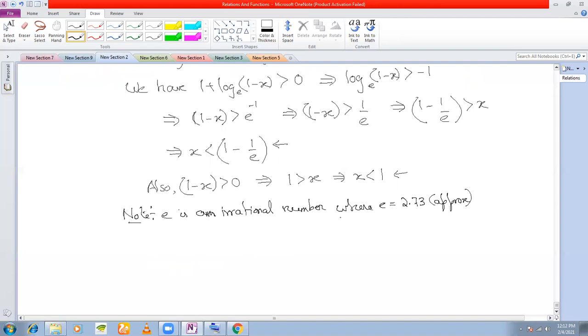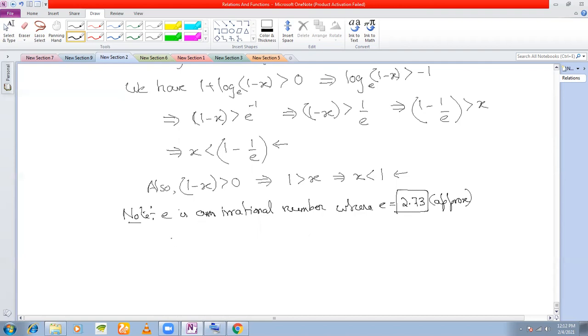You don't have the infinite series in your syllabus, that is your Maclaurin series and Taylor series. Otherwise, e actually has an expansion, an infinite series that is convergent, and you can show that the approximate value of that series is 2.73. But anyway, we shall not get into all that. Remember always that the approximate value of e is 2.73.